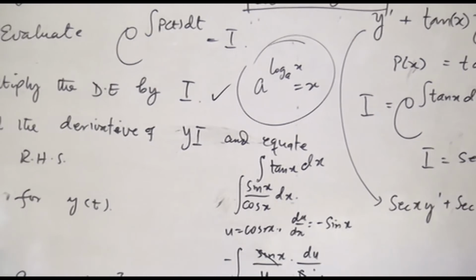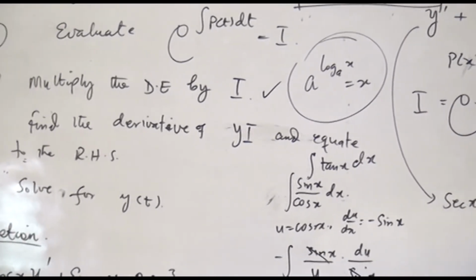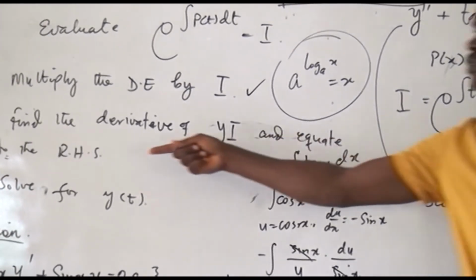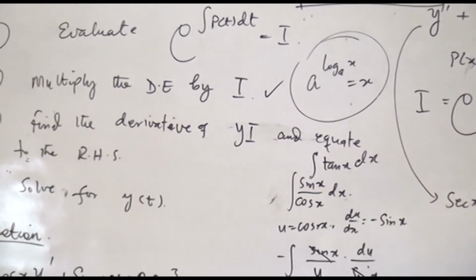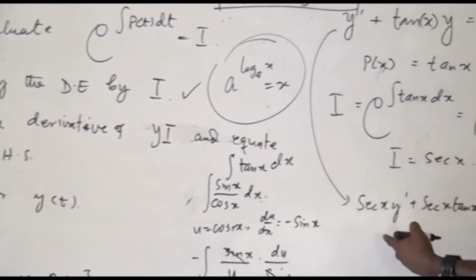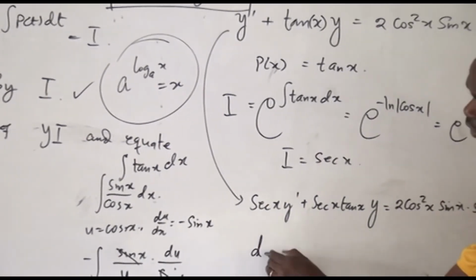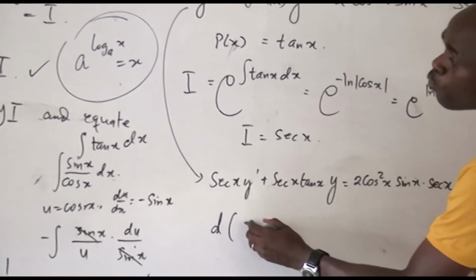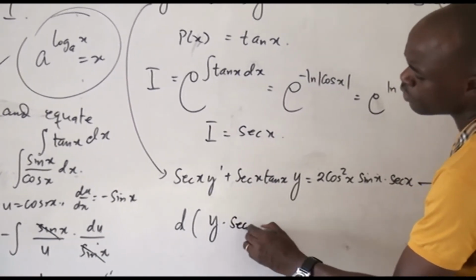That is going to give me, okay, at this point, what you do is you just go over to this, find the derivative, because the left-hand side is actually the derivative of y and the integrating factor.